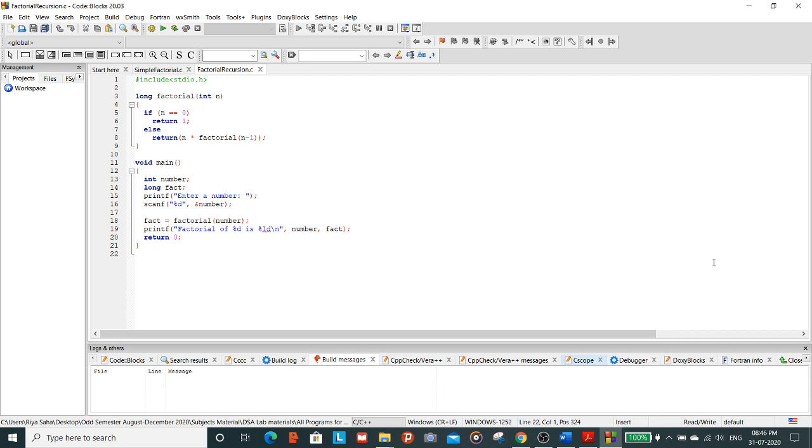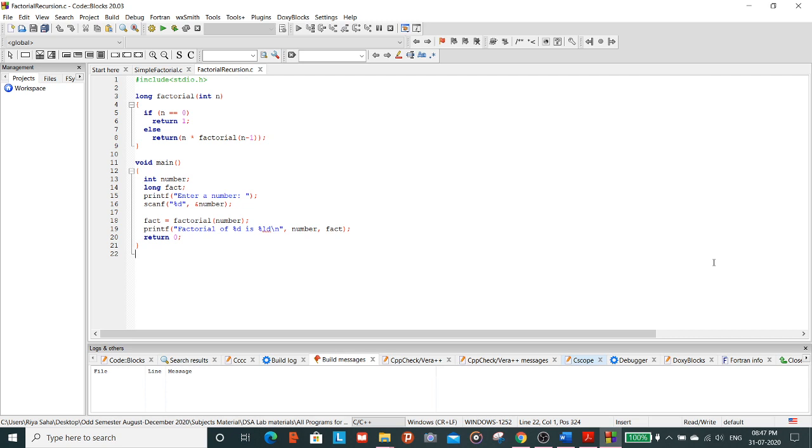That means we need to find out the factorial of 5. So how do we do it? 5 factorial means 5 multiplied by 4, multiplied by 3, multiplied by 2 and multiplied by 1. All descending integers, and the product of all these numbers together gives a specific value, right?